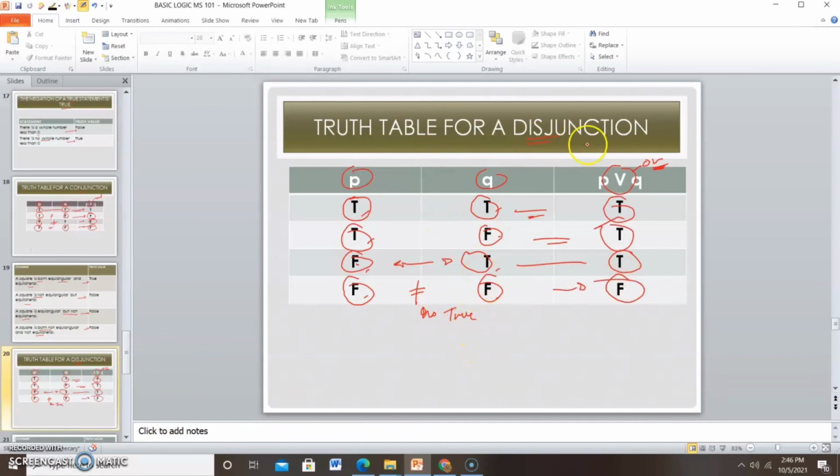Since there is no true statement in the two falses, that is the disjunction.